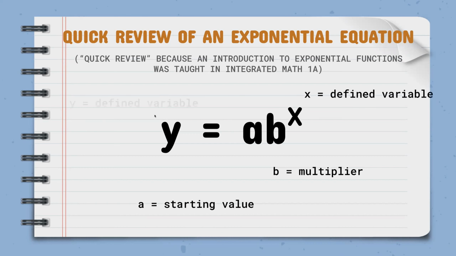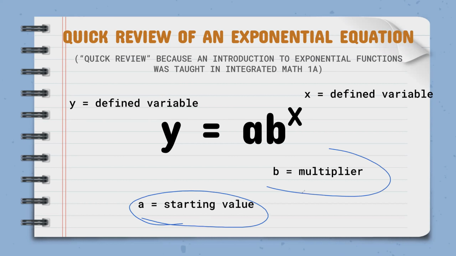And then X and Y would be your defined variables. Occasionally when students are asked to define their variables, they will also try to tell me what A and B are, which is the multiplier and starting value. But A and B are not variables. Only X and Y are.